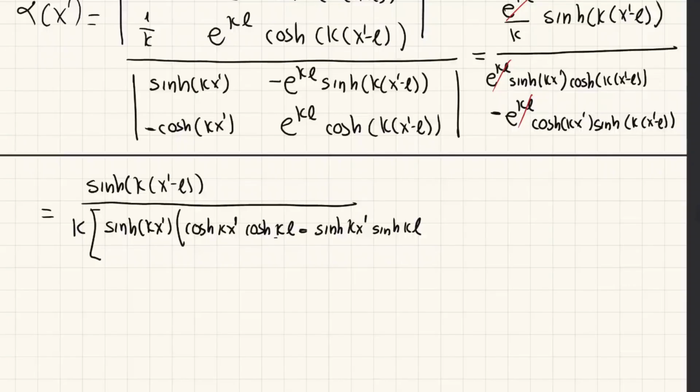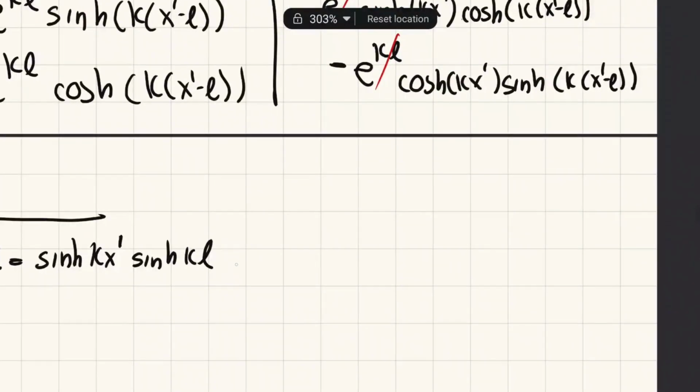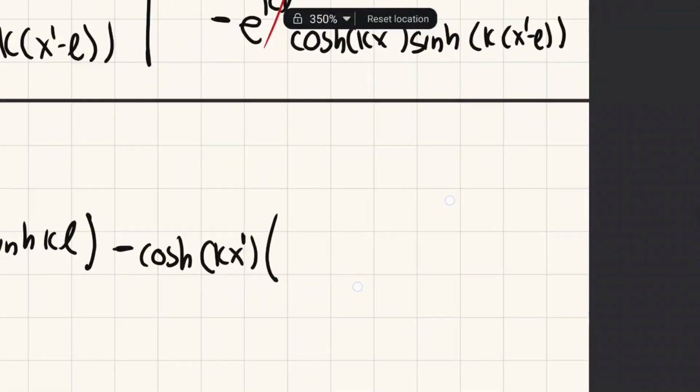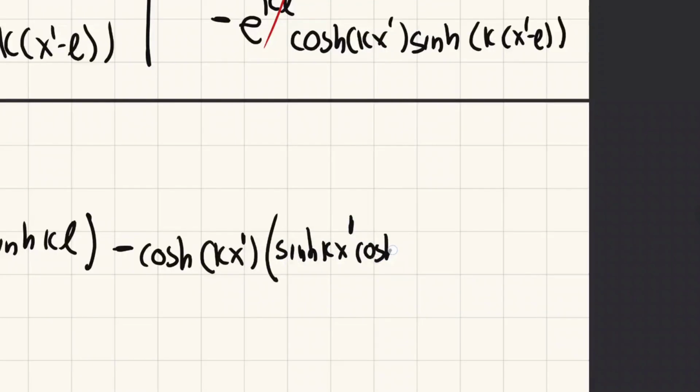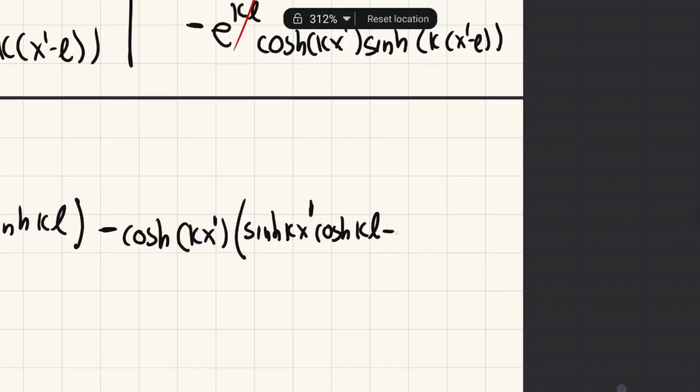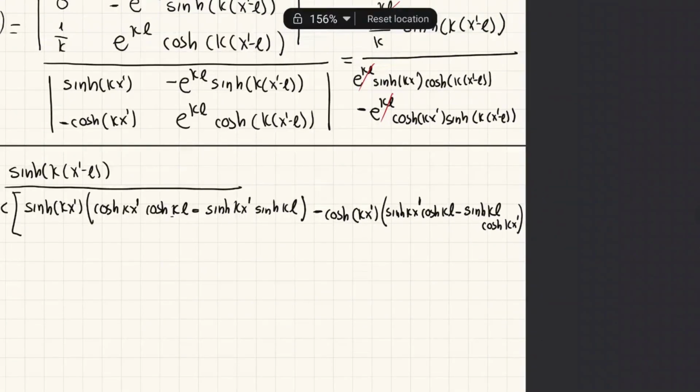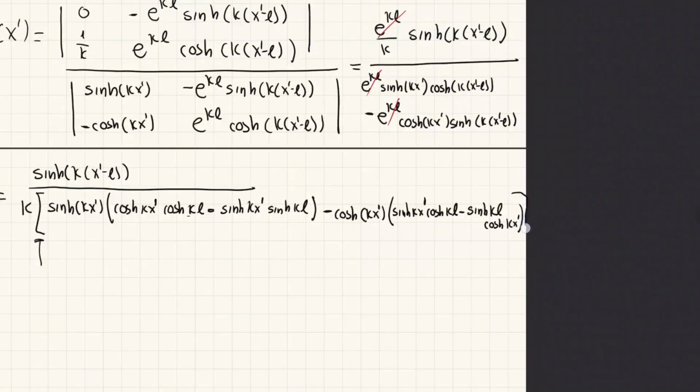Okay, and then here we are going to have minus the hyperbolic cosine of kx prime that will multiply the hyperbolic sine of kx prime, the hyperbolic cosine of kl, and then minus the hyperbolic sine of kl times the hyperbolic cosine of kx prime, like this. And we close this bracket here.